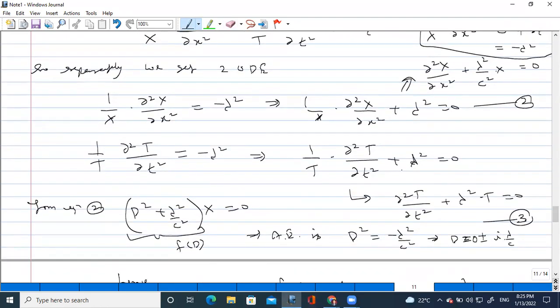Otherwise that is also okay. C is constant, anywhere you can take it, and here you have to take it. And that c square will go with lambda square if you are not taking it here.